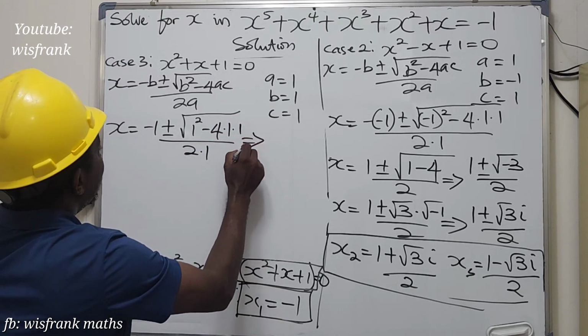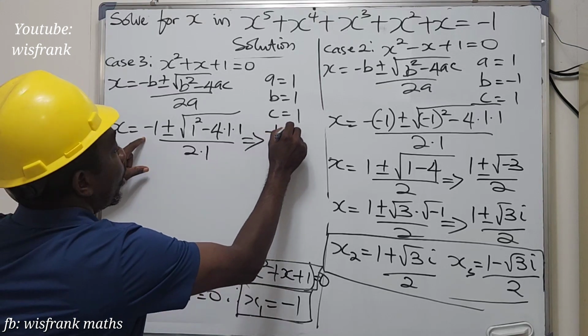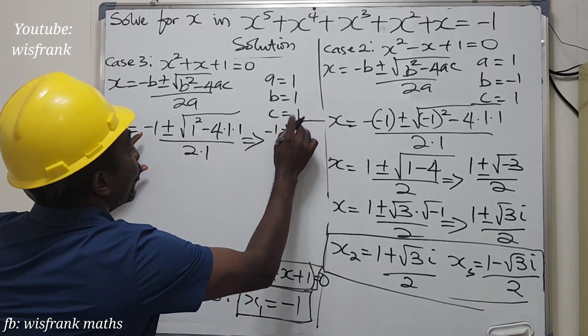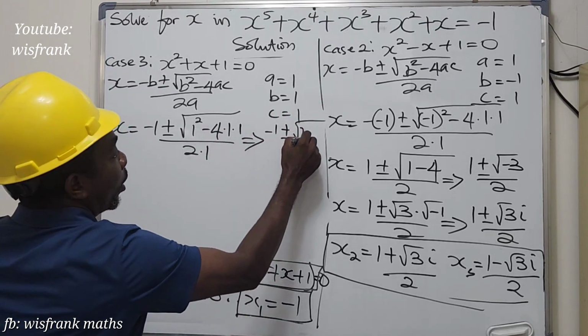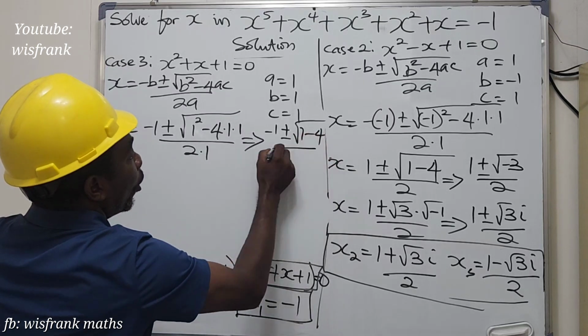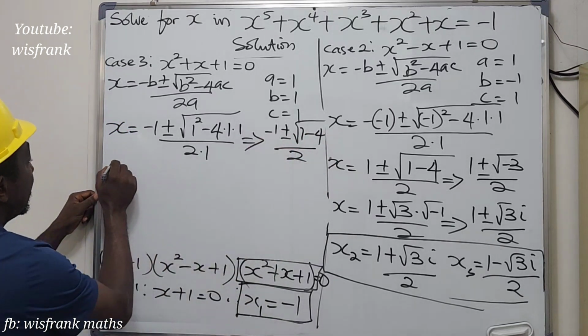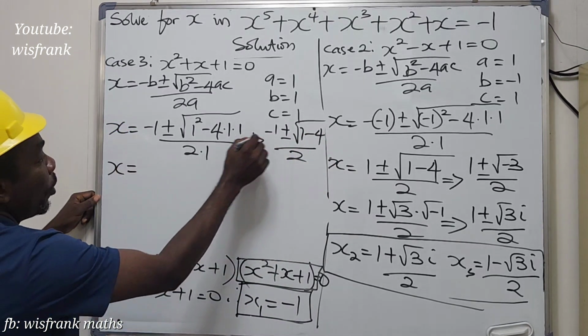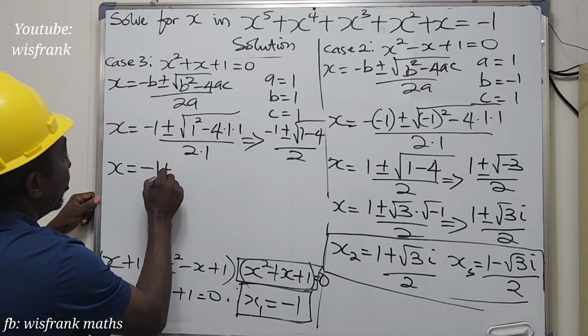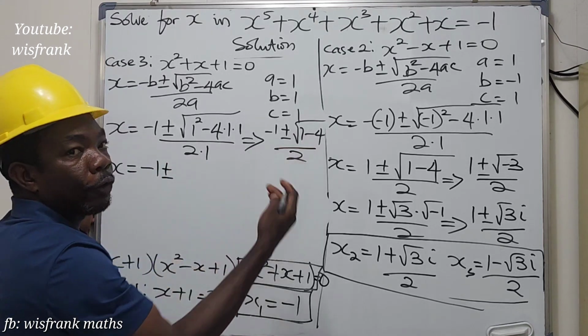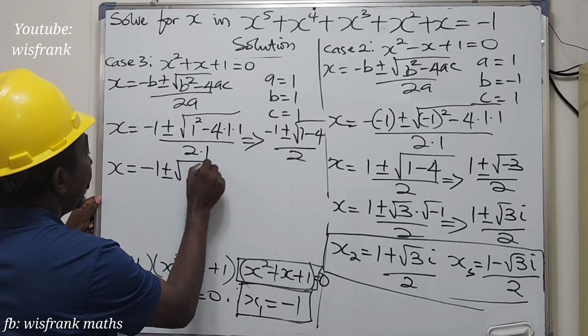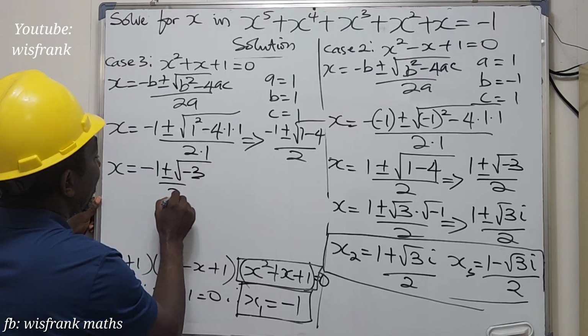So this is minus 1 plus or minus the square root of 1 minus 4, which is minus 3, all over 2.